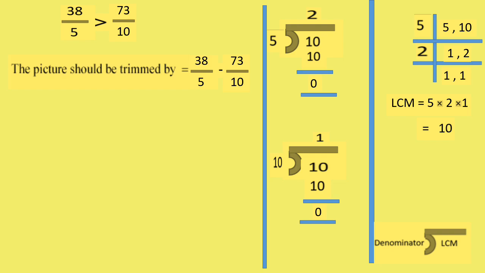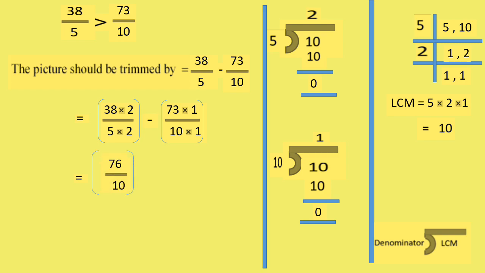Now I am going to multiply these quotients to the respective numerators like this. 38 by 5 into 2 by 2 minus 73 by 10 into 1 by 1 like this. The next step, I have multiplied: 76 by 10 minus 73 by 10.